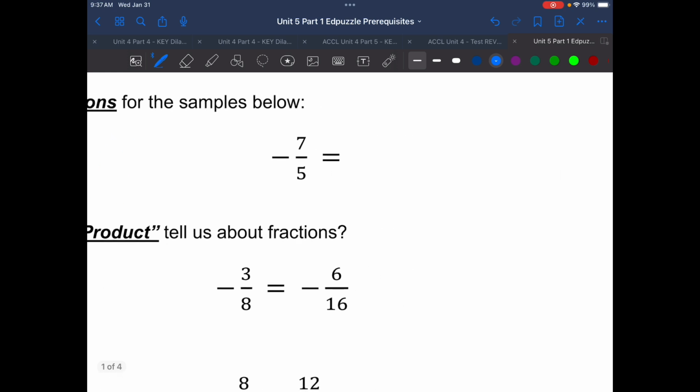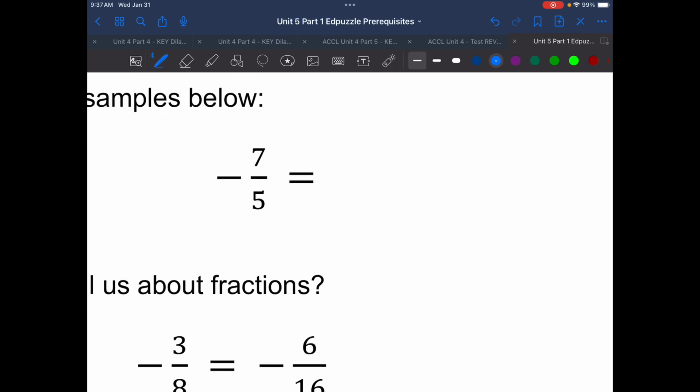Okay, similarly, if the fraction is negative, then our equivalent fraction would also be negative, right? But here's something that you're going to notice in the next few examples. You're going to take that negative and you're either going to put it in the numerator or denominator. Okay, so in this case, I'm going to choose to put the negative up top in the numerator. Okay, and then if we want to create equivalent fractions, then we could just multiply by a common number.